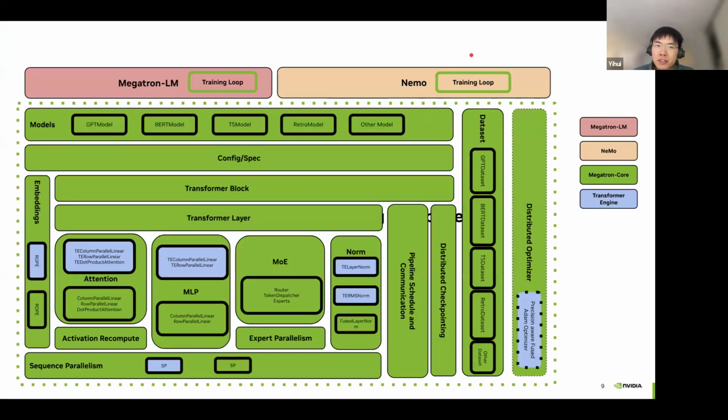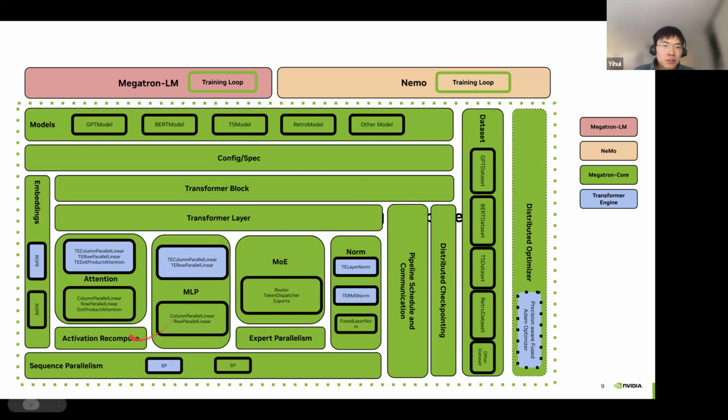So Megatron LLM and Megatron Core is an open source library available on GitHub. We accelerate not only MoE but also all of the LLMs, including GPT, BERT, and T5. Not sure if anyone's still using those now, but primarily GPT models.